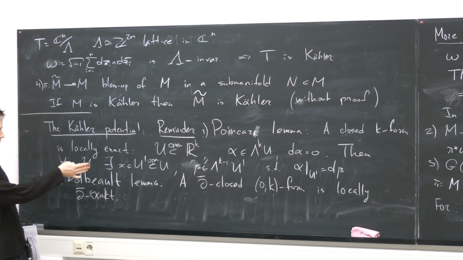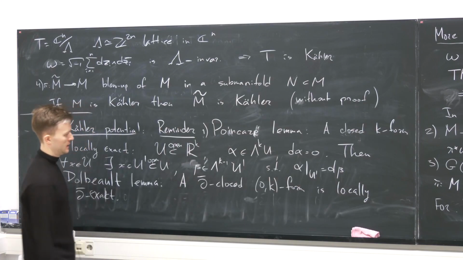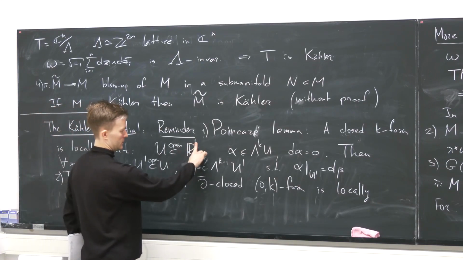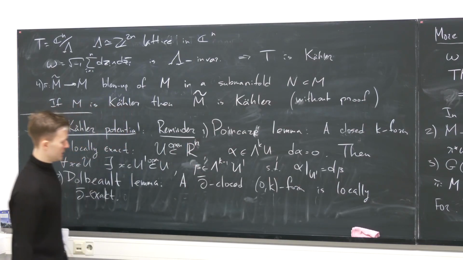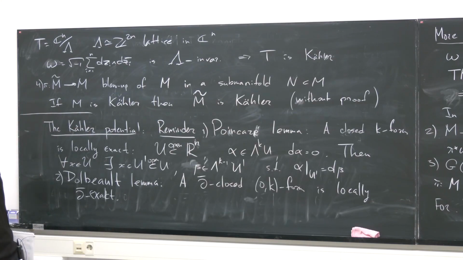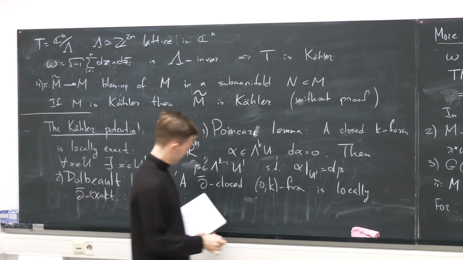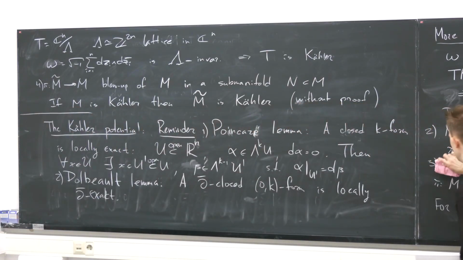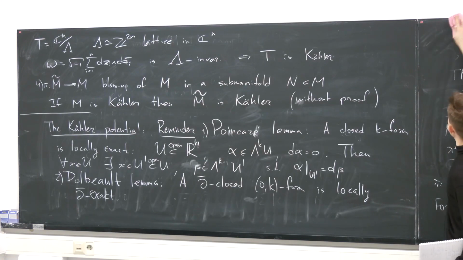Very similar to the previous case, only we have these forms on, so this is not k, this is n, on an open subset in Cn, and I will not write down the exact statement, so it's similar. And let's now prove the proposition about the existence of the Kähler potential for a Kähler metric.